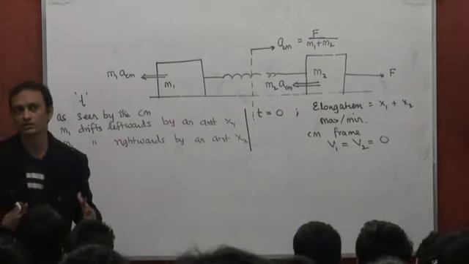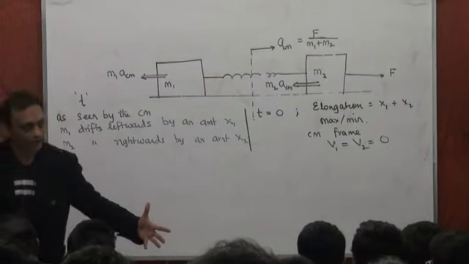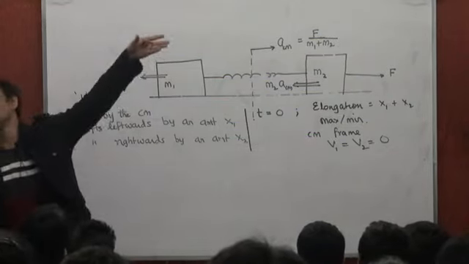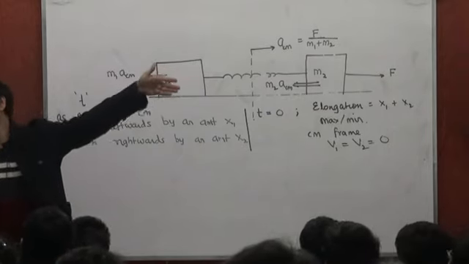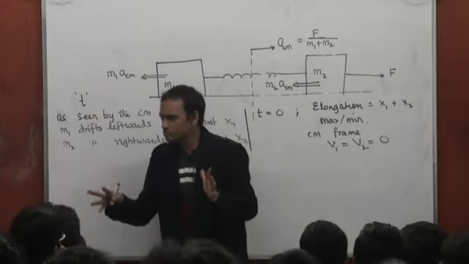the closing remark here is about applying the work energy theorem between t equal to 0 and t equal to t, where the elongation x1 plus x2 is the maximum, or work done by various forces.